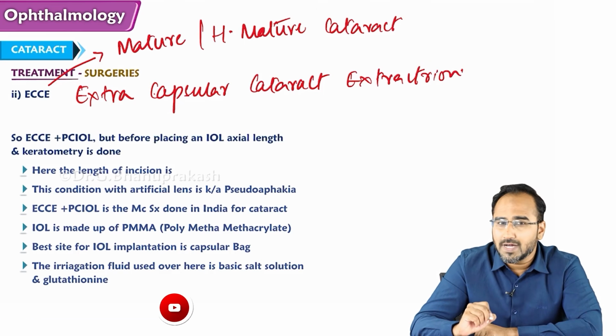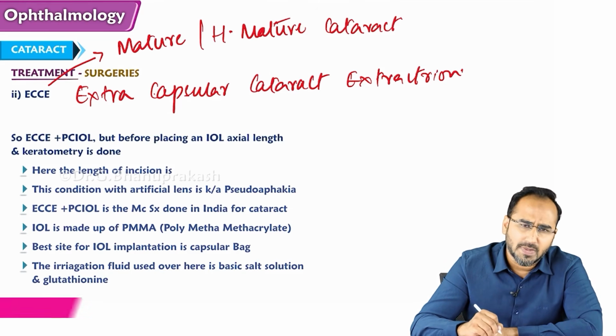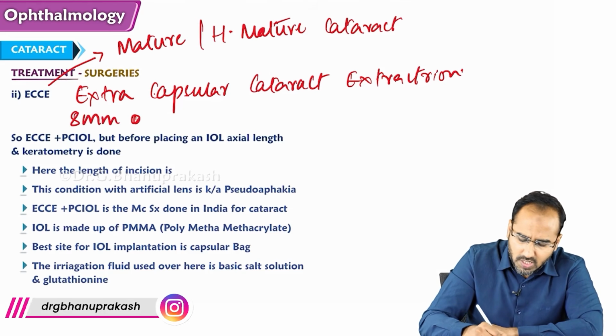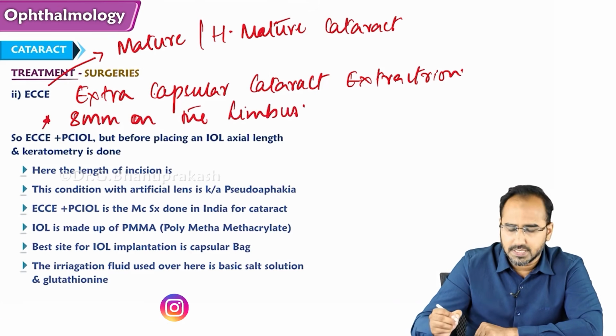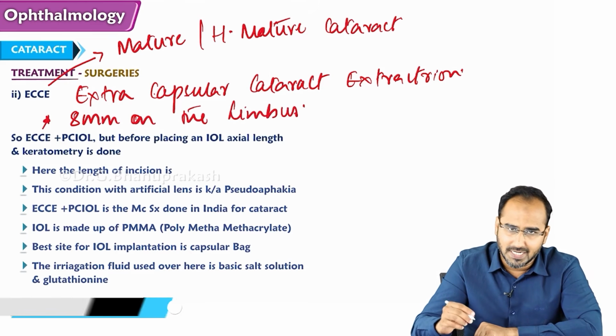Here we will go for ECCE plus PCIOL. Here in ECCE, how much is the incision that we are giving? We give 8 mm incision on the limbus. Then we give an incision on the capsule and we remove the cataract lens.